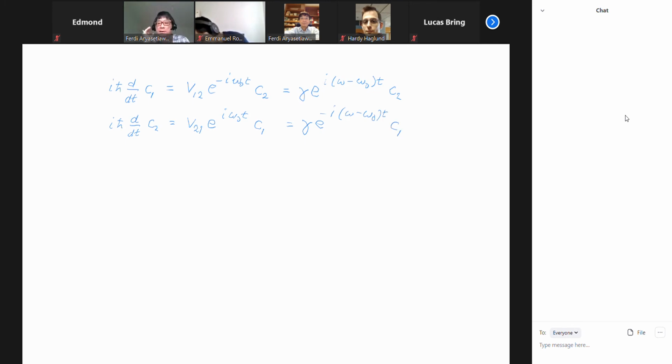So these are two coupled first order differential equations. It's a set of coupled differential equations of first order. We can then eliminate one of the coefficients to get a second order differential equation. I will follow the notes here, otherwise I get confused. I will eliminate C1.